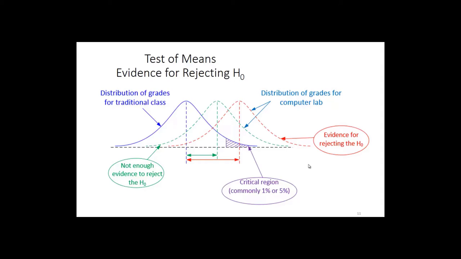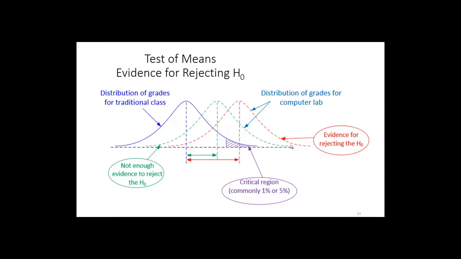If we do have the distribution of the computer lab grades as the green distribution, the mean of that distribution is not quite there in the critical region. It's not showing a significant difference. For the red distribution, we can observe that the mean of that distribution is within the critical region, far enough from the mean of the traditional class to call this a significant difference.